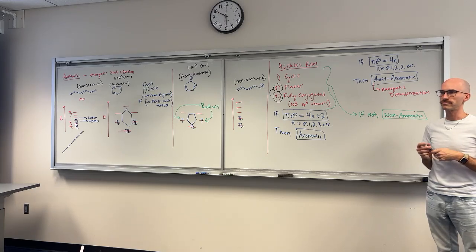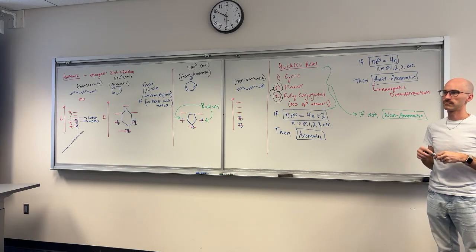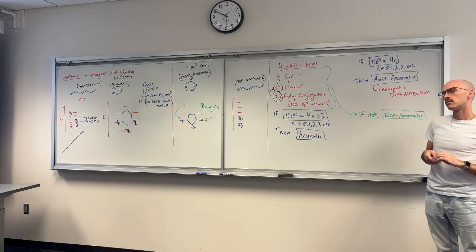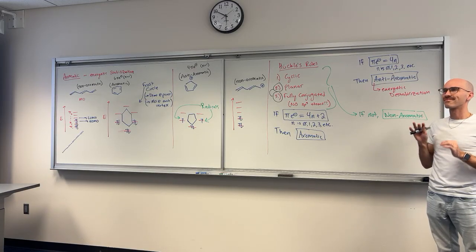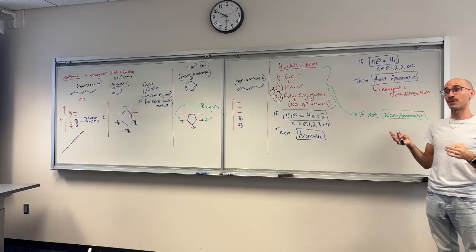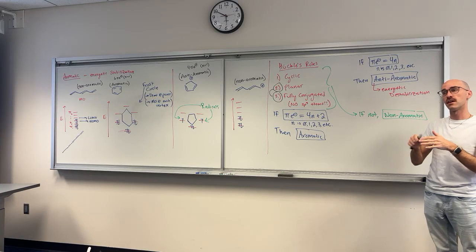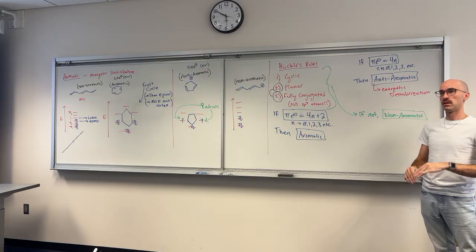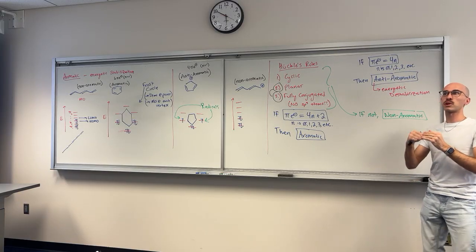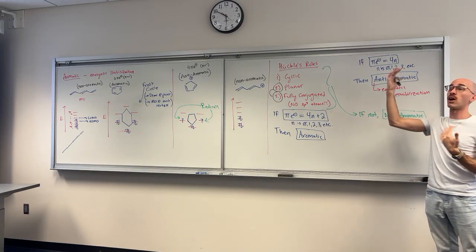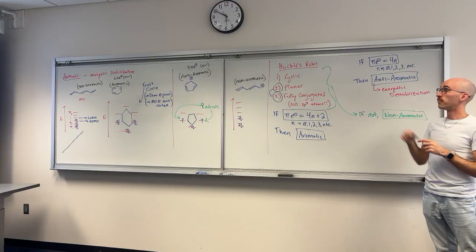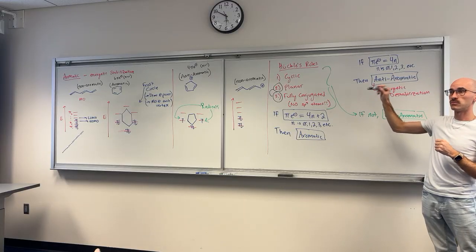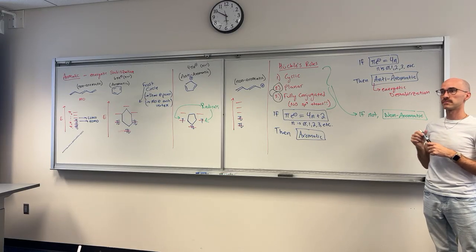So does something exist where it's non-stable but still aromatic? Or is aromatic and stable kind of one and the same? Stable is a hard word, I think, for students, because people think stable means unreactive, where stable really just means requires more energy than it would otherwise. So benzene will react. We can make benzene react.